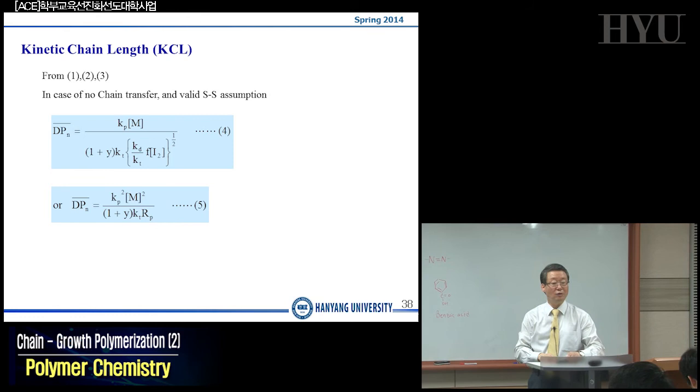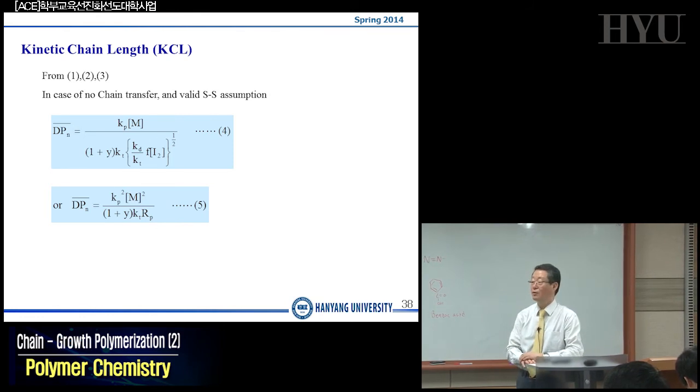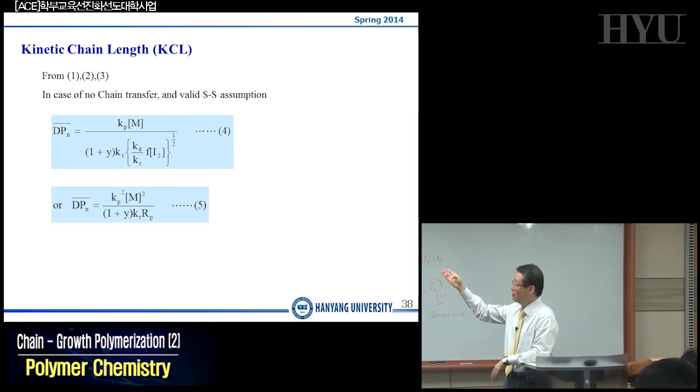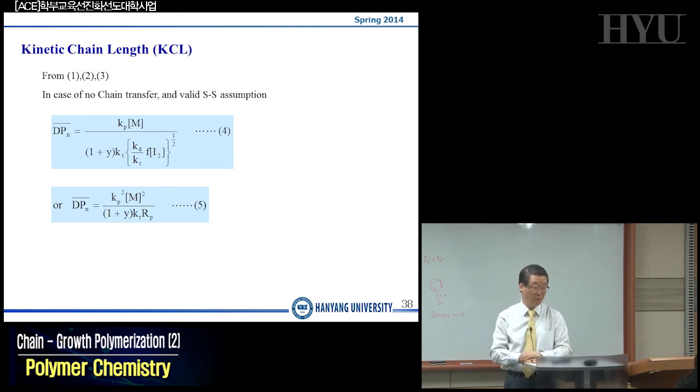If you look at equation number 4, monomer concentration linearly influences the degree of polymerization. So if you add more monomers into your reaction system, your molecular weight will, of course, increase. Or the degree of polymerization will, of course, increase, right?